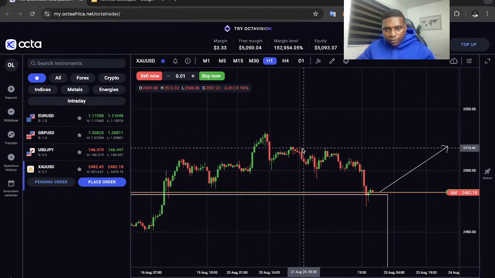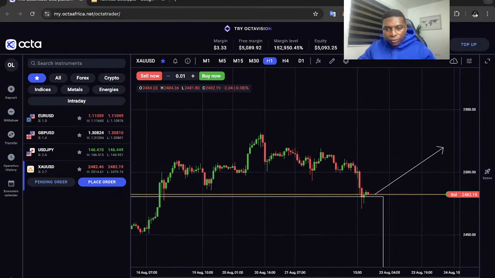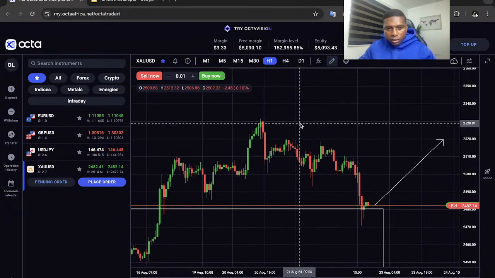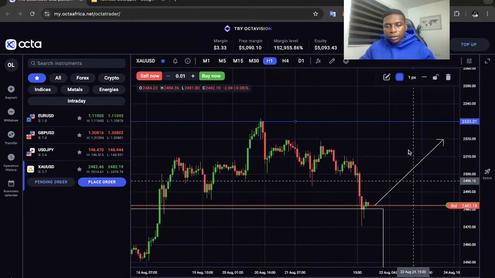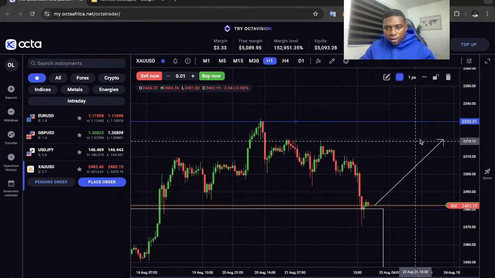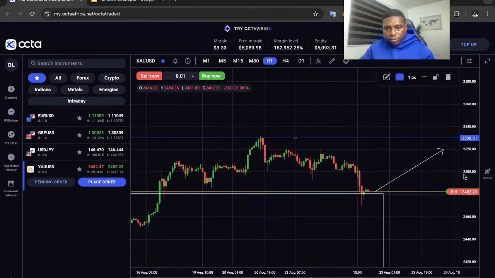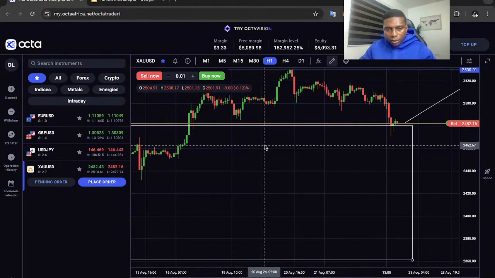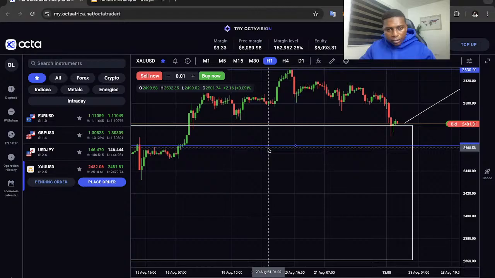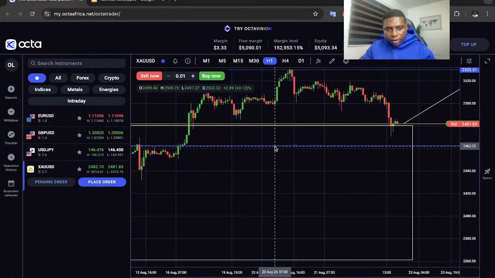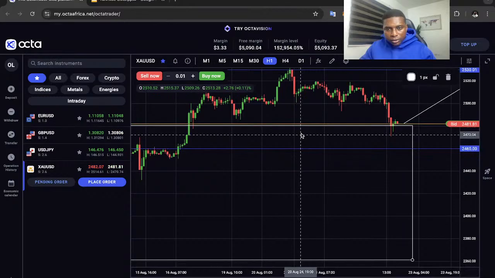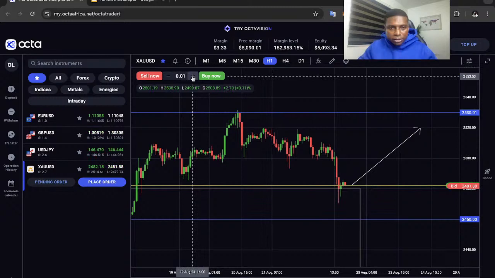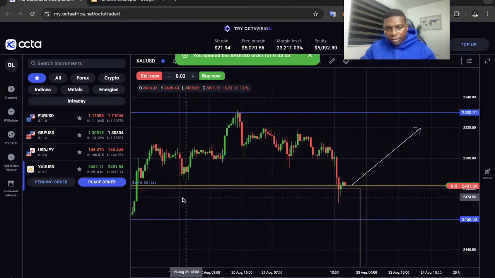My take profit zone will be here, and my stop loss zone will be here. Let me take this down. Okay, cool. So let's do that. I've placed the buy.